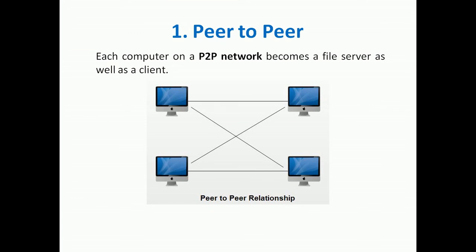So the main point of peer-to-peer network is every device is connected to every other device directly, and if at a time any two devices want to communicate, they enjoy the full bandwidth of those wires from which they are connected.